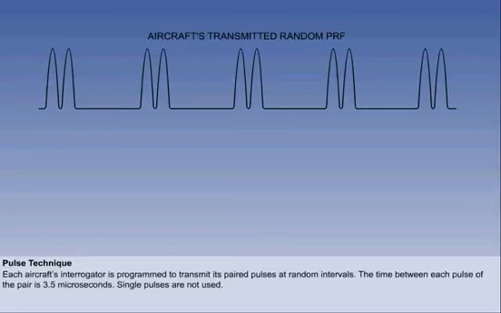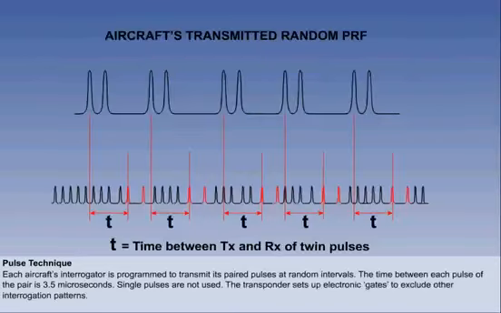When a ground station, the transponder, receives an interrogation pulse, it sets up gates to match the random PRF, pulse repetition frequency, of the transmitted twin pulses. Electronic gates essentially blank out signals with other patterns.